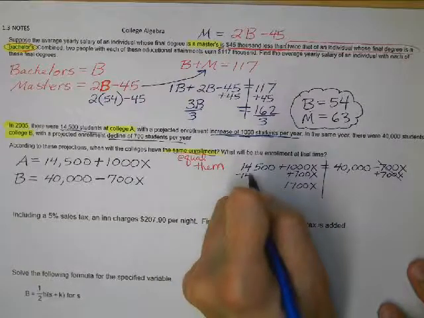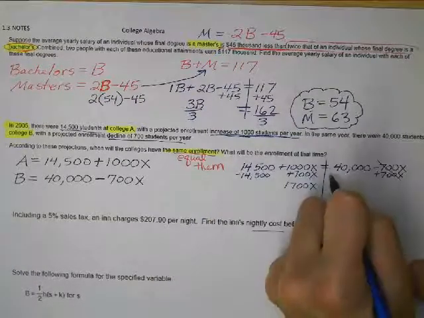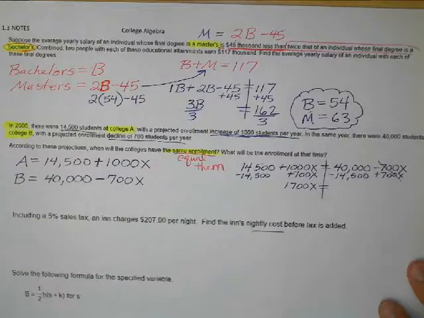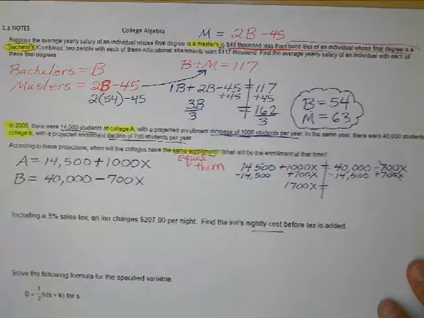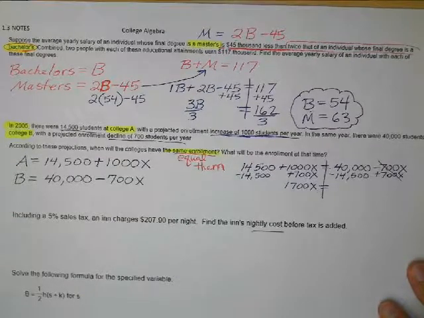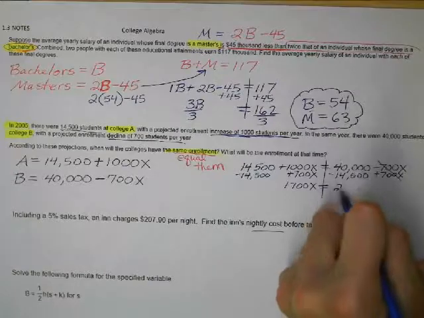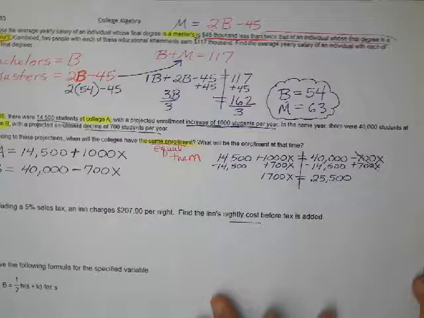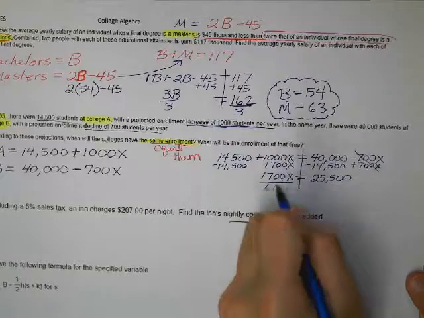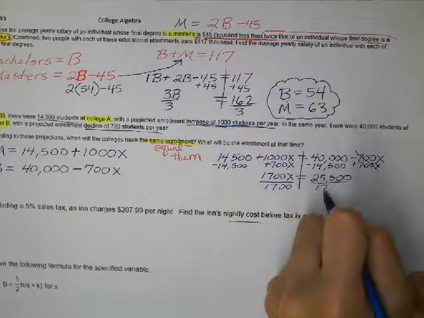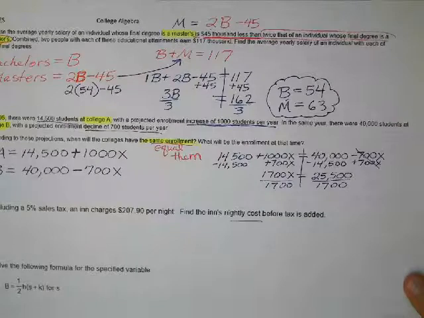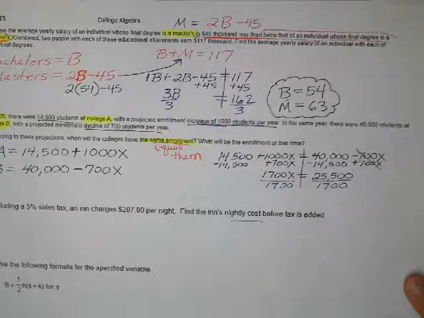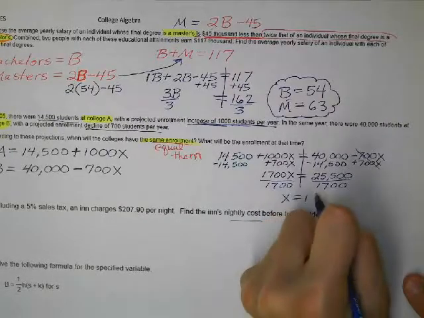Then I'll subtract the 14,500 from 40,000. Kind of do the two steps. So 40,000 minus 14,500, I got 25,500. Then finally divide by 1,700. 25,500 divided by 1,700 equals, I got 15. Okay, good. You got the same.